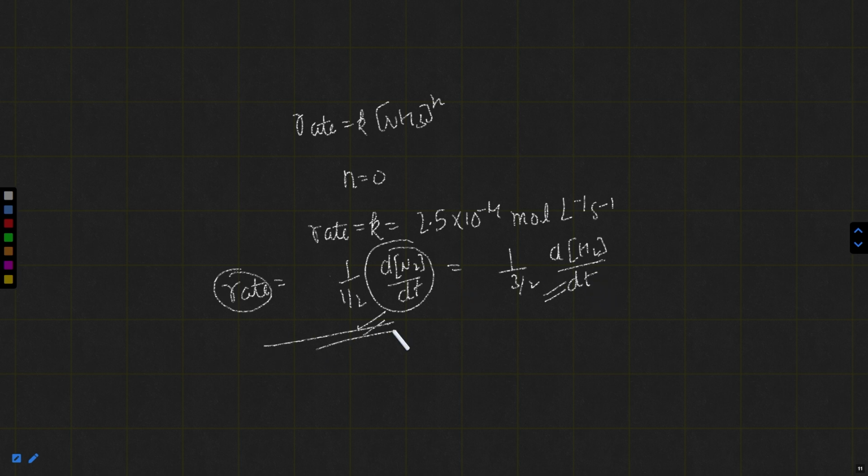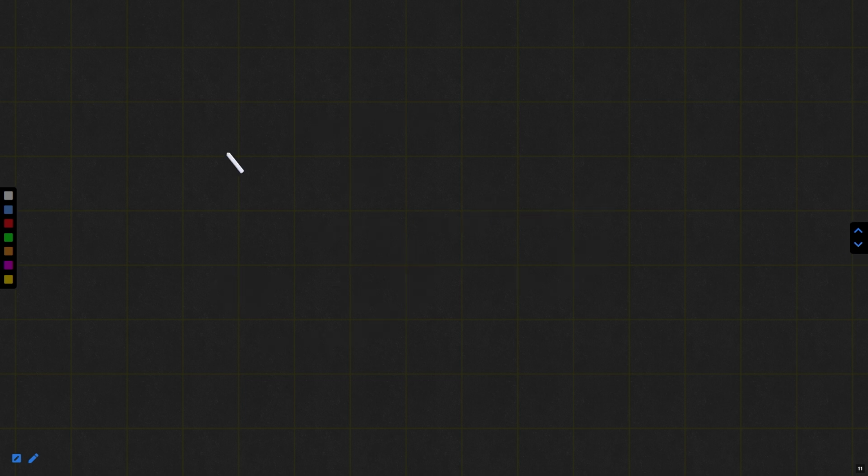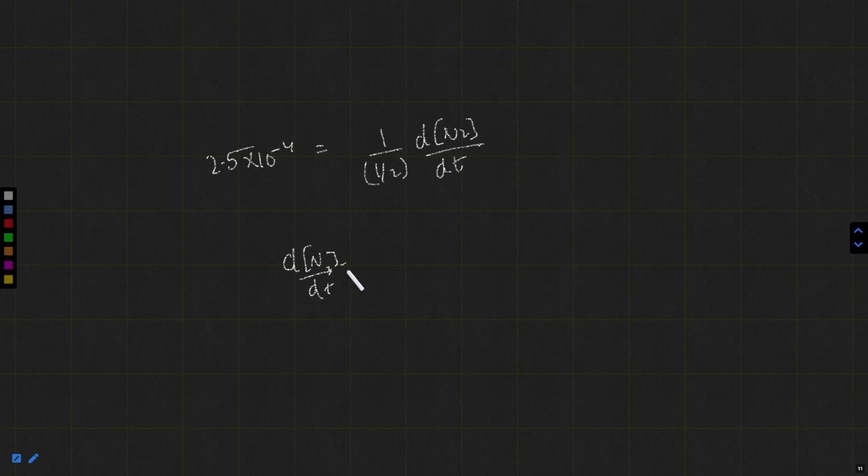So first of all, let us do it for N2. The rate value was 2.5 into 10 to the power minus 4, and this equals 1 by 1 by 2 dN2 by dt. If we bring this over, 1 by 2 goes to the other side and 2 comes here. This finally gives 2 times 2.5, which is 5, so 5 into 10 to the power minus 4.